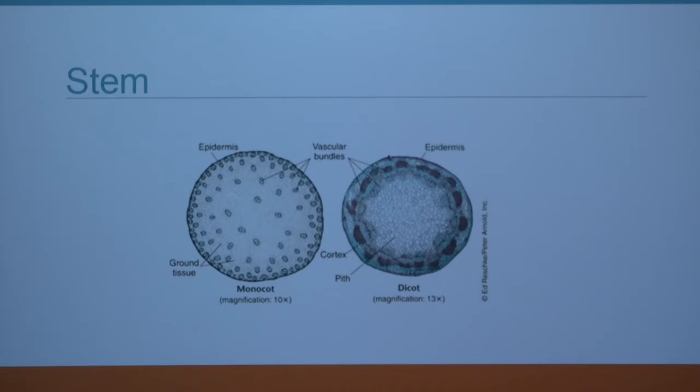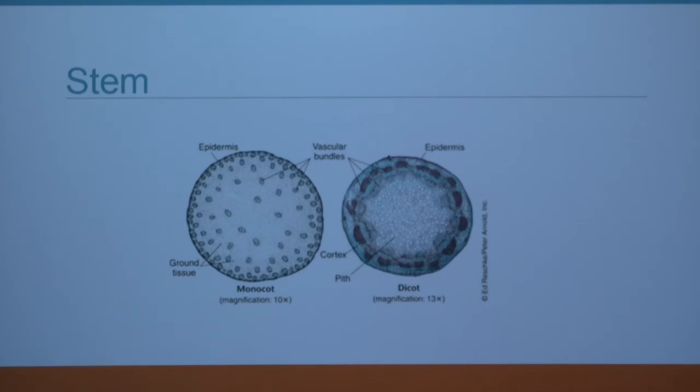You can see they're quite scattered throughout the monocot. Whereas in dicots, you can see the vascular bundles are in a row, in a nice circular structure.